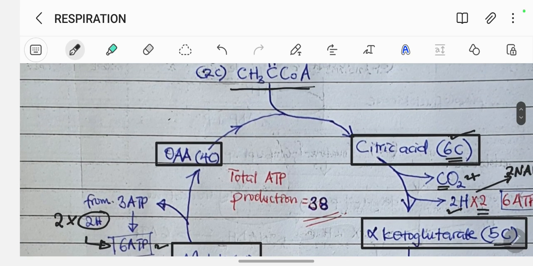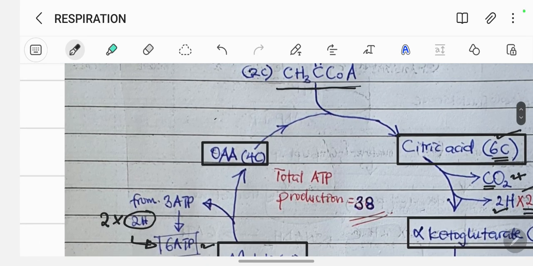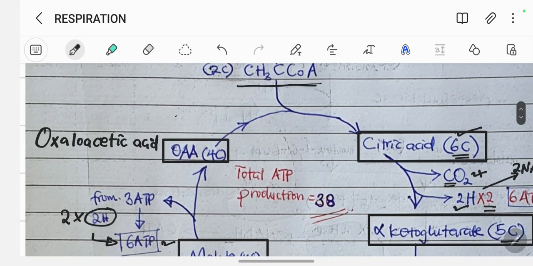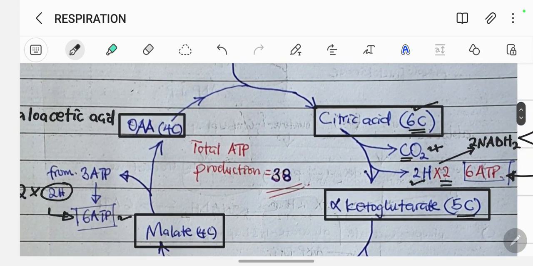So after that, we form oxaloacetic acid. We shall call this oxaloacetic acid, and the cycle continues. That's why it's called a Krebs cycle.